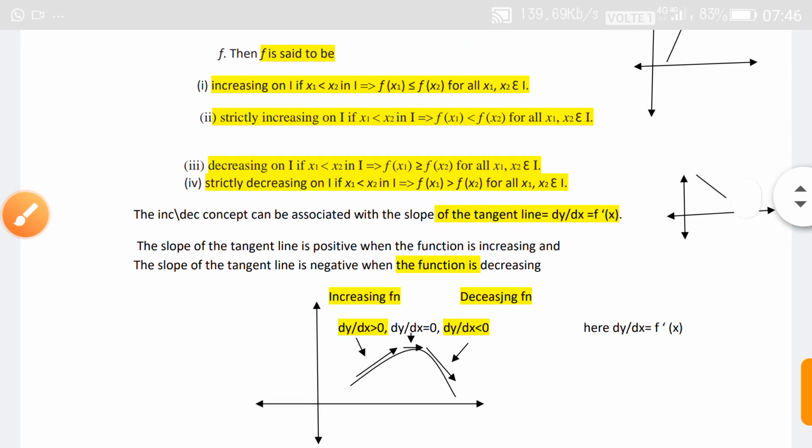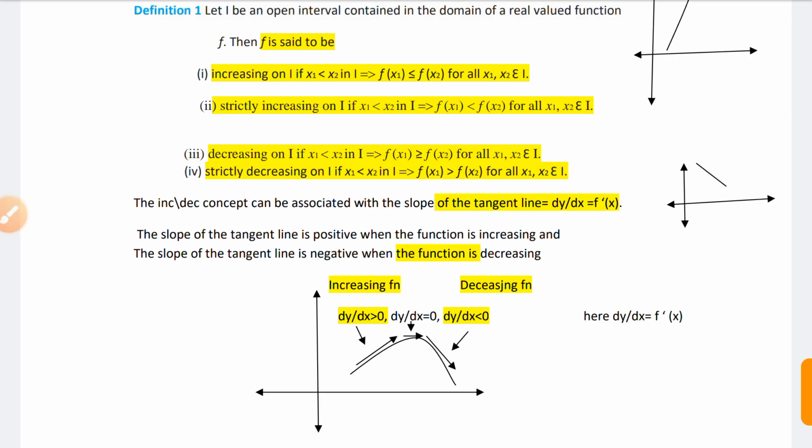Now we use the slope of tangent here. We know that the derivative dy/dx gives us the slope of the tangent to the curve.